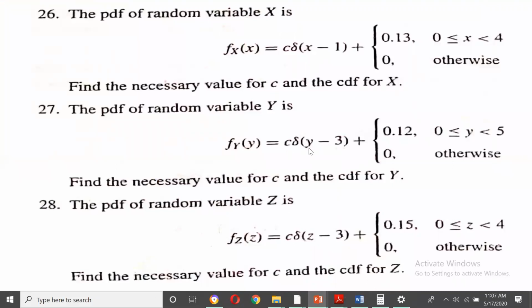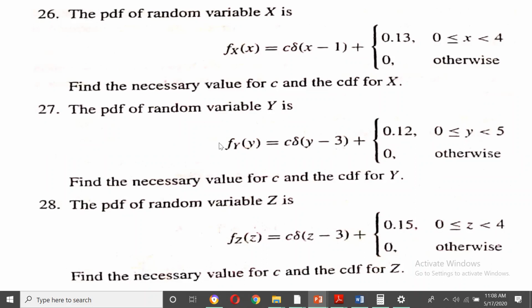So now, if you want to write the CDF, then you will have capital F_Y(y), and this will become c u(y − 3), since delta will become u. Then this will become 0.12 y, between 0 to 5, and 0 otherwise.